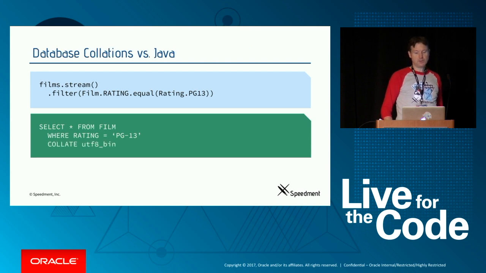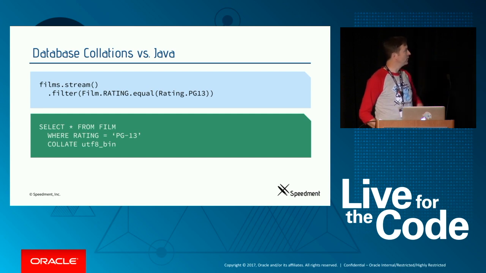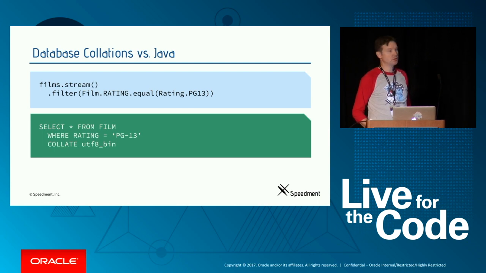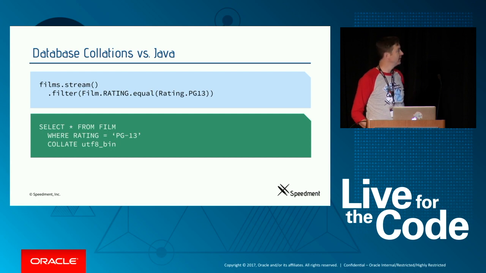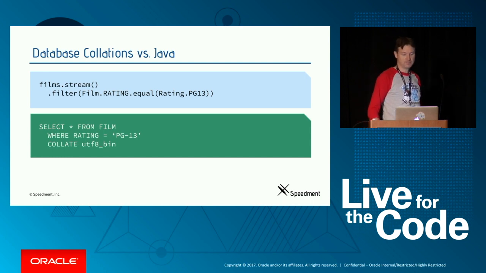Another thing is that when you're using SQL, you have to worry a lot about how things are coded. In Java, this is crystal clear. The film rating should be exactly equal to PG13, not PG with a small g or P with a small p or something like that. If you want to emulate that in SQL, you have to add stuff, because by default it's case insensitive in most cases.